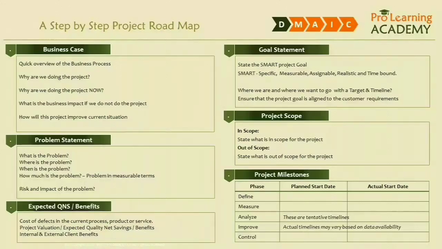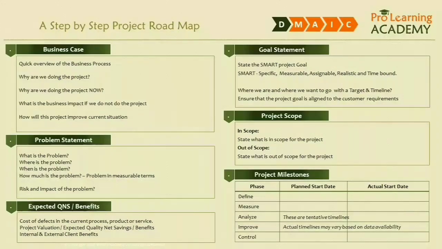So if only one city is in scope, I mean the one team in that particular city, the rest of the 2 cities will be out of scope. And that is very important, to focus the problem area on a specific area.